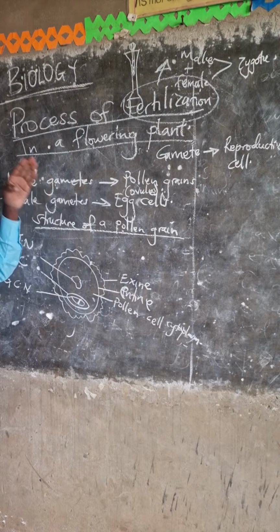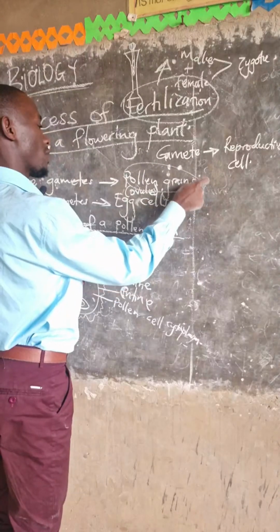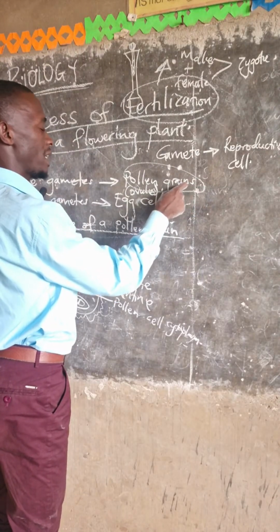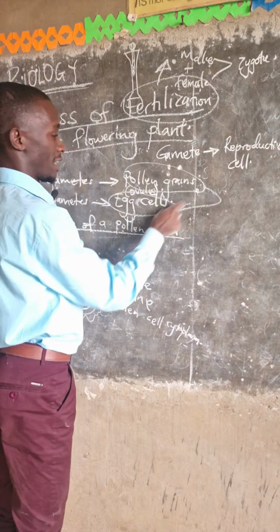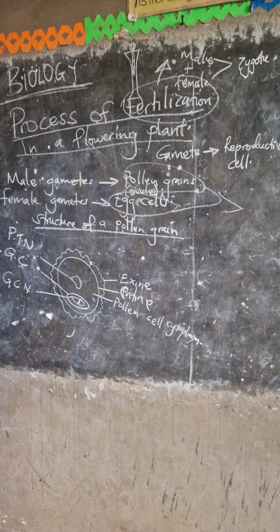So for fertilization to take place, there must be fusion between the contents of the pollen grain and the contents of the egg cell or the ovule. This means that for us to continue, we must be aware of the structure of a pollen grain.